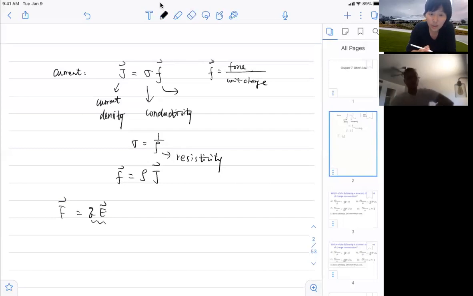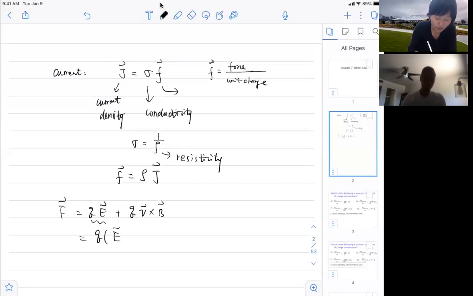A moving charge inside a magnetic field will also feel a force from the B field, QV cross B. We have talked about this. You can combine these two, so that force per unit charge, F over Q, is just equal to E plus V cross B.